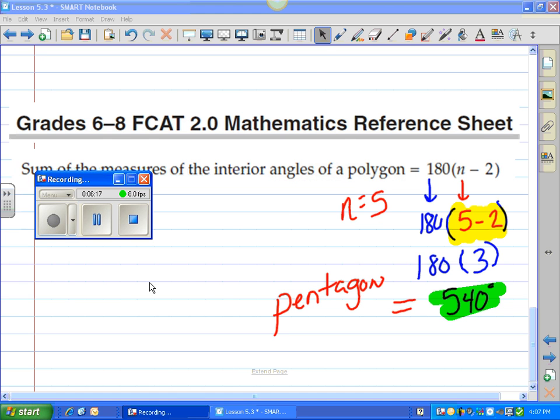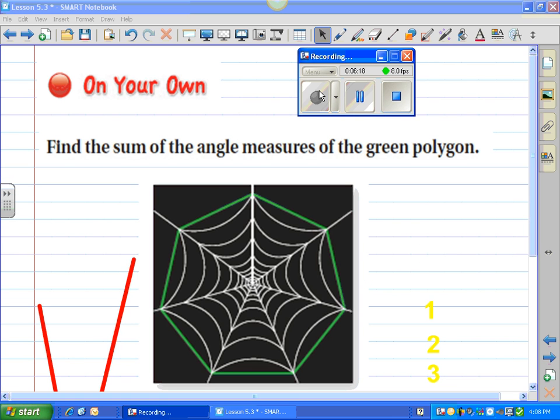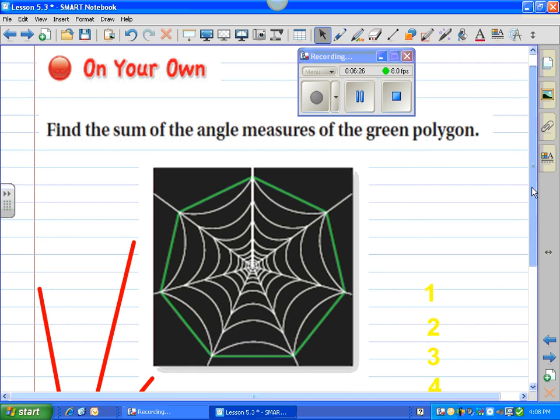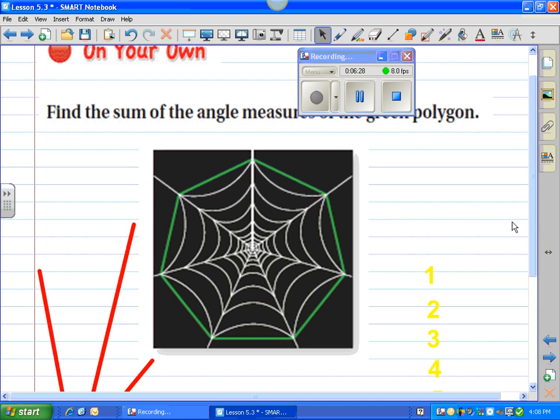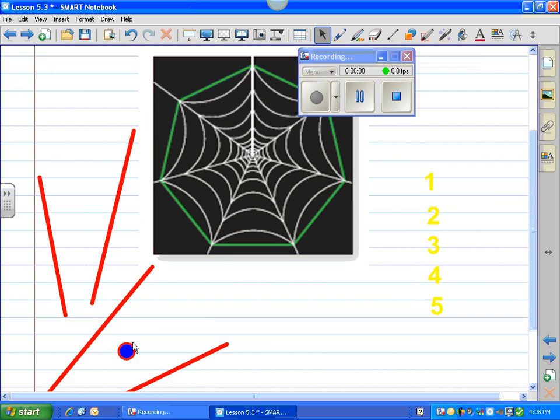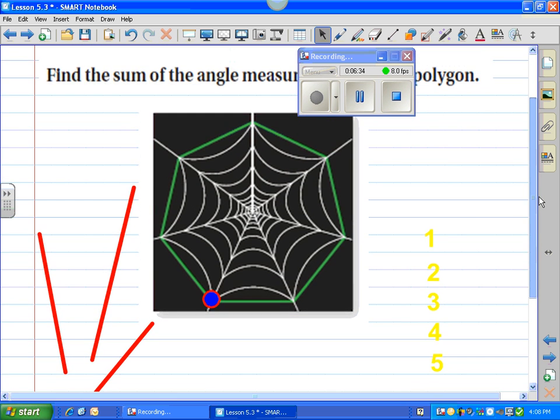Okay, let's take a look at another example. Our second example asks us to find the sum of the angle measures of the green polygon. If you want to divide the picture up into triangles, I'm going to pick a corner. Remember, it doesn't matter what corner or vertex you pick, just be consistent and don't change in that problem.